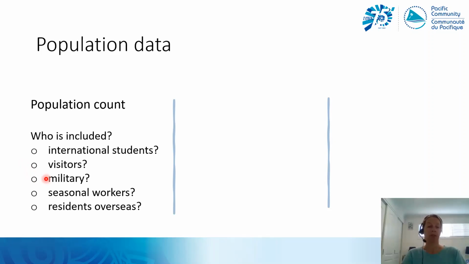And groups like the military or seasonal workers, where they might move between countries depending on the nature and the timing of work. Where do they get counted? Where they usually reside, where they were born, or the country that they're working in? And again, that might depend on definitions of who's a resident.